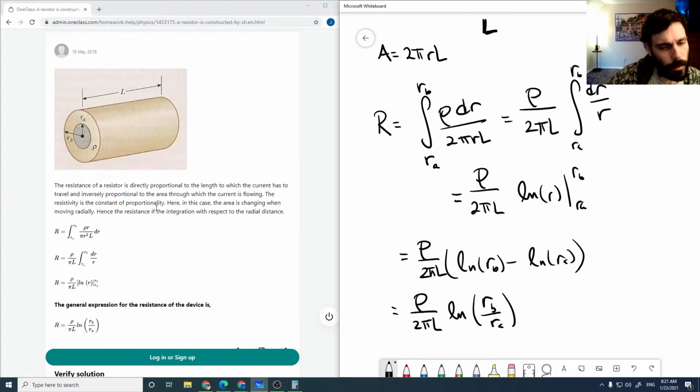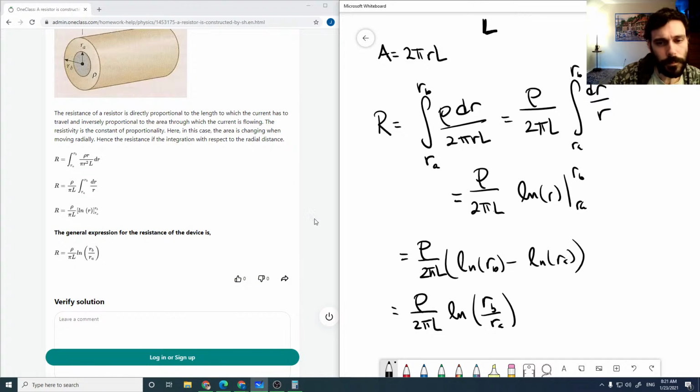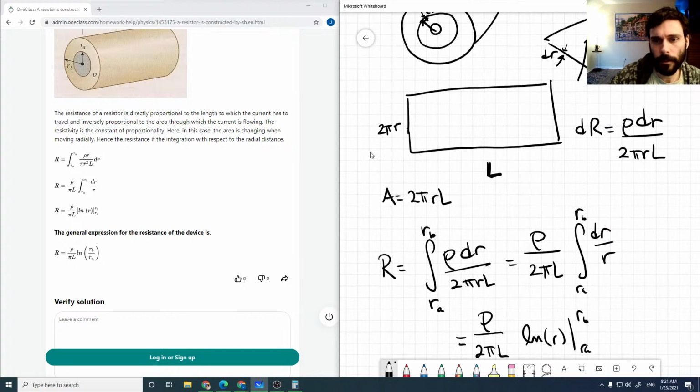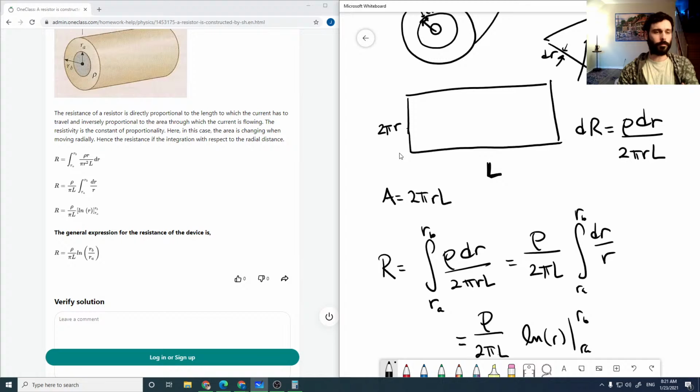So I don't agree with that because, again, if we look at our little picture here, it doesn't make any sense to me that this side length would be pi r squared. Yeah, that doesn't really make any sense to me. And I think it's overdoing it.